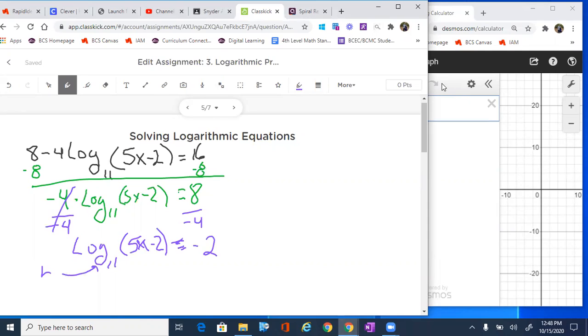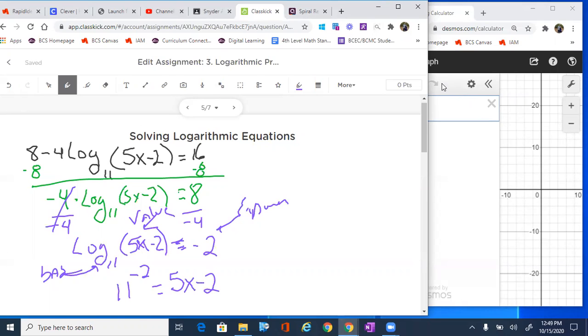I have a base, I have an exponent, and I have a weird value. So let's write it that way: base, which is 11, an exponent, which is -2, equals that value of 5x minus 2.